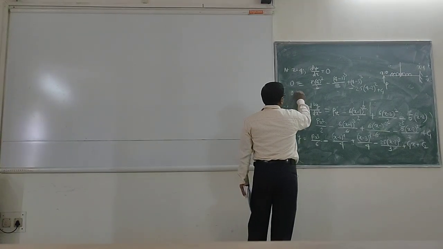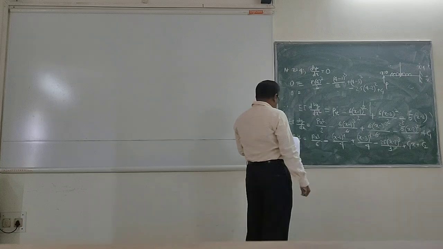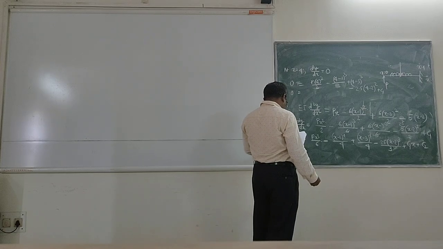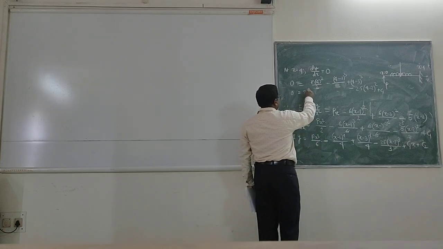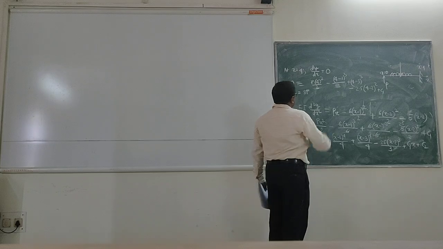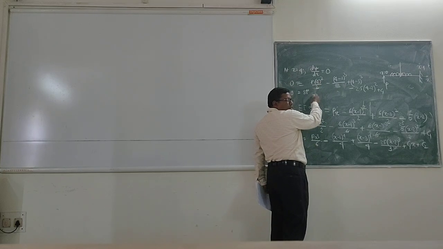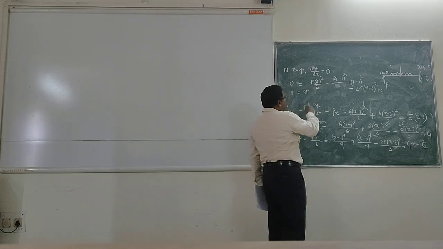So 0 is equal to P 4 square by 2. This will give you 8P. Everyone calculate. 4 4 is 16, 16 divided by 2 is 8P.